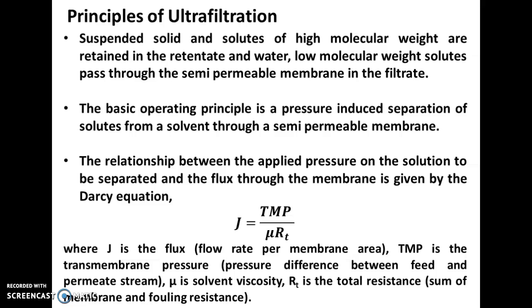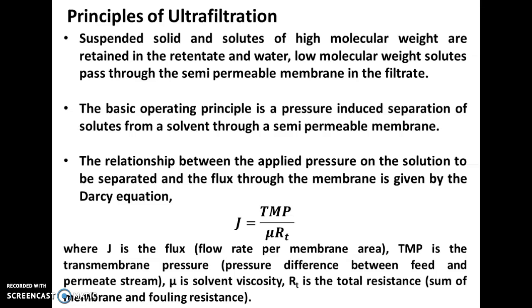The relationship between the applied pressure on the solution to be separated and the flux through the membrane is given by the Darcy equation, that is J = TMP / (mu × RT), where J is the flux, that is the flow rate per membrane area.